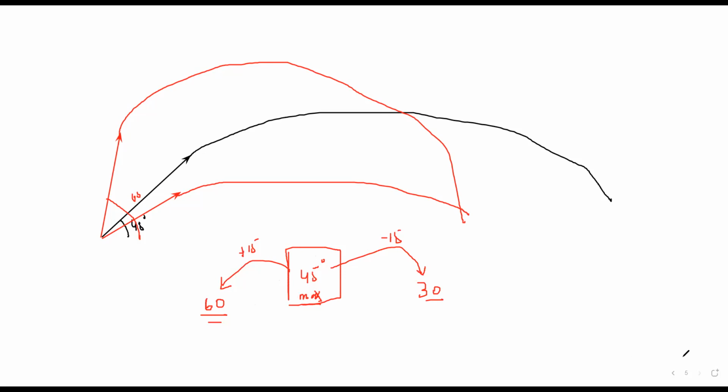So whenever you're solving a question related to a projectile, for horizontal motion there is no acceleration. So we can use the formula: if there is no acceleration, speed is equal to distance divided by time.